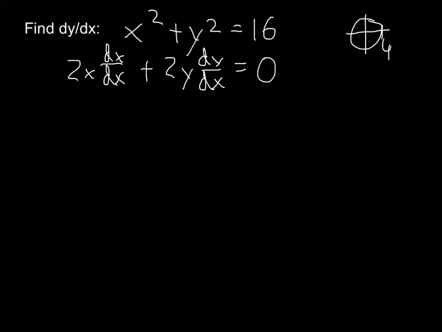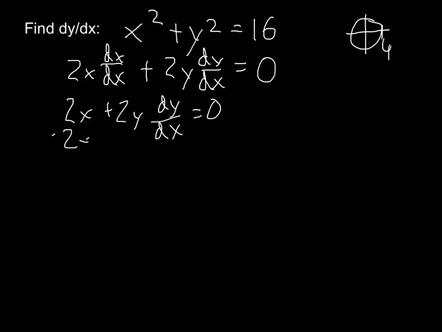Now let me just rewrite it as 2x. Now the dx over dx cancels to 1, plus 2y dy over dx. So now we need to solve for dy dx. Let's try this.